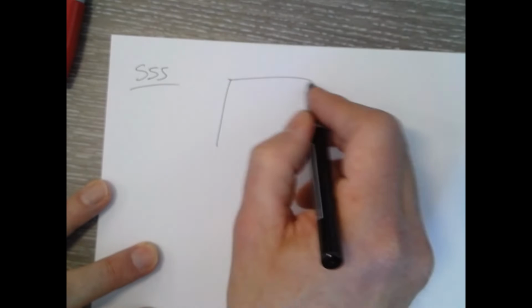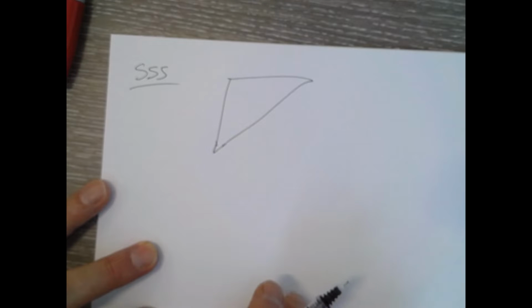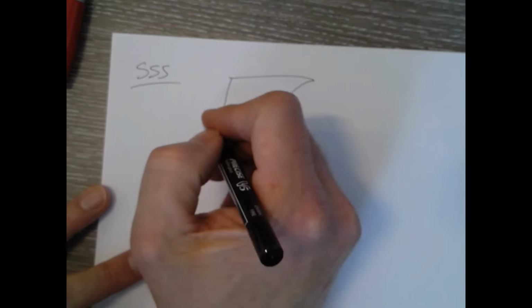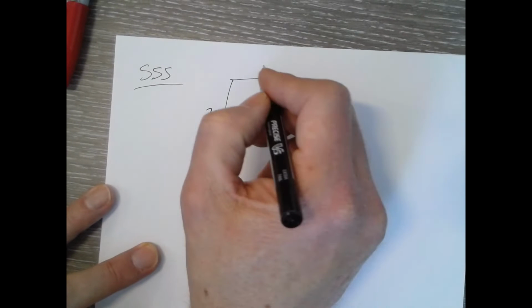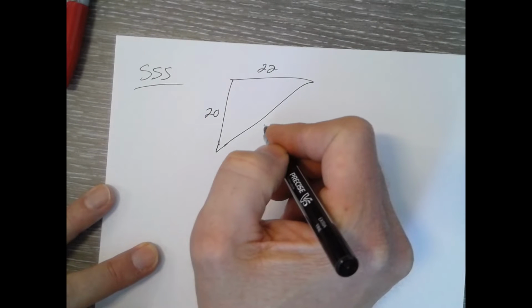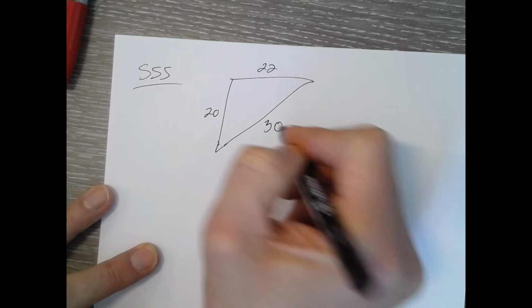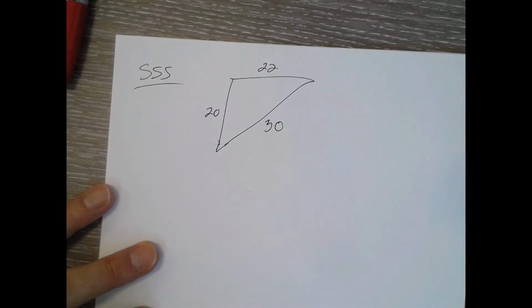So the other scenario with law of cosines is the side, side, side scenario. It's a beautiful triangle. So we'll call this 20. That's clearly 22. And this one is, without a doubt, 30. All right.